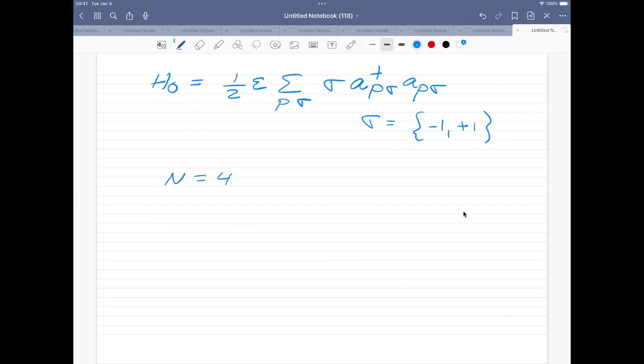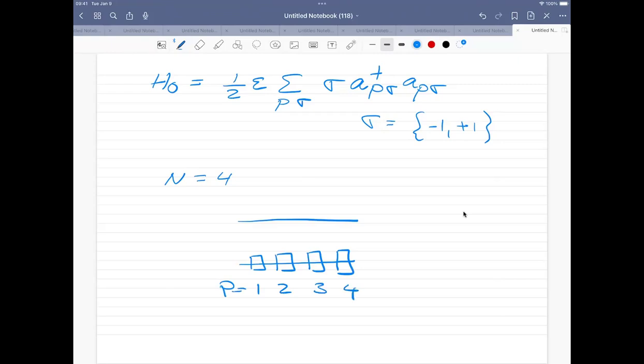But in our case, we're going to look at 4 particles. So p now indicates specific slots where the particles can be. We are going to set up 4 slots here, so p indicates slot 1, 2, 3, and 4.